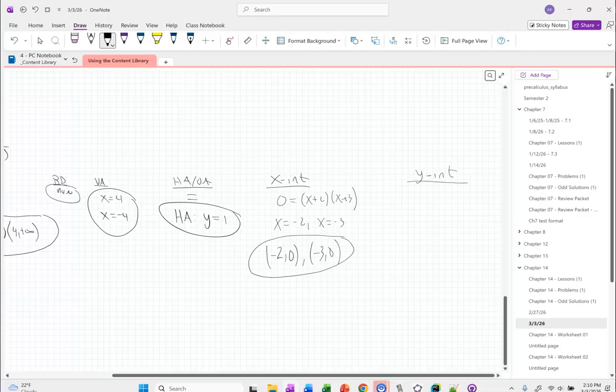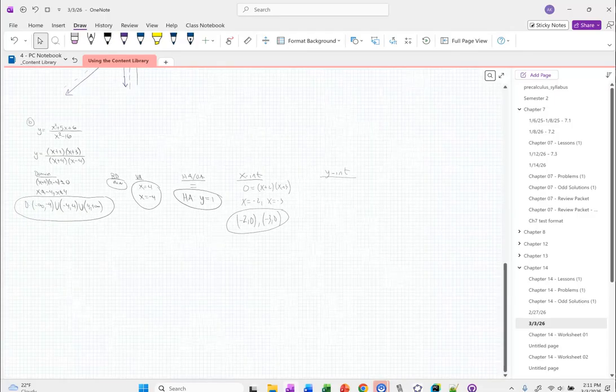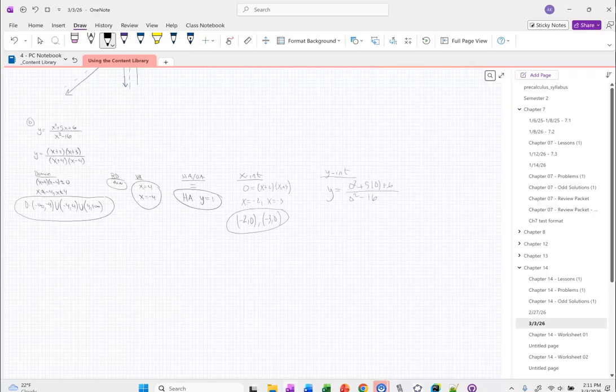Y-intercept, how do we find that? Set all the x equals 0. Yep, plug 0 in for x's. Does that include the denominator too? Yep.